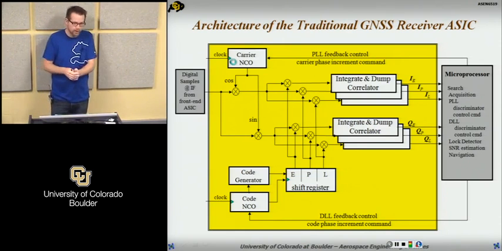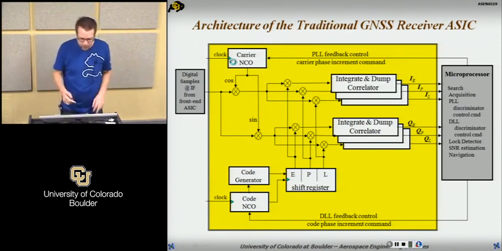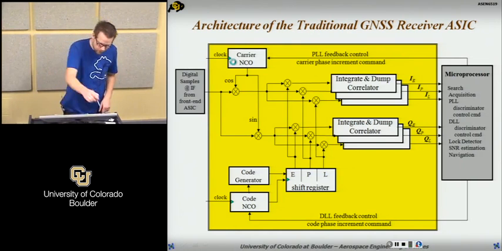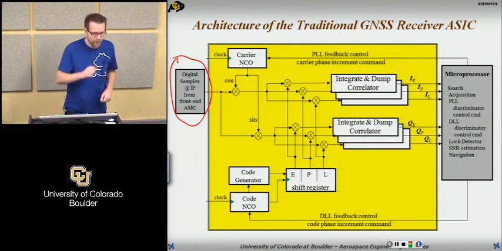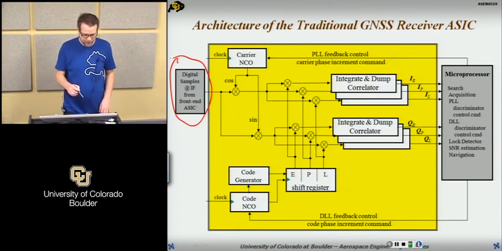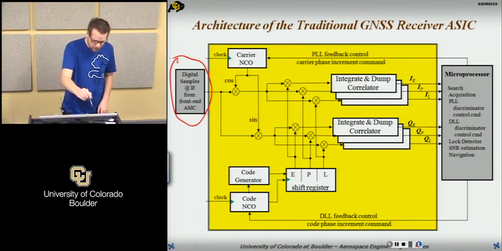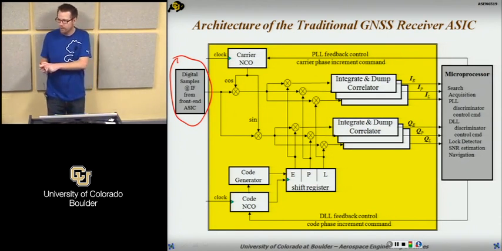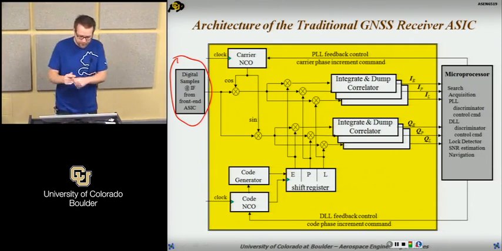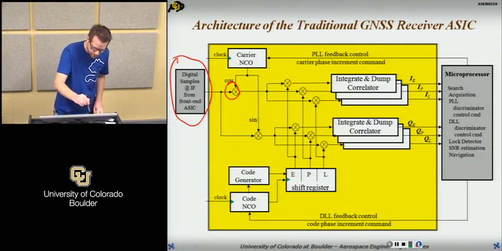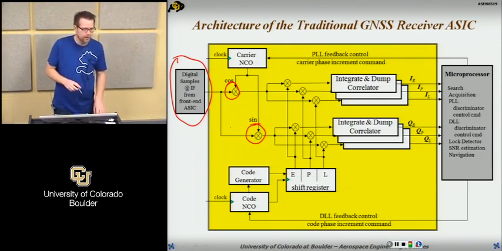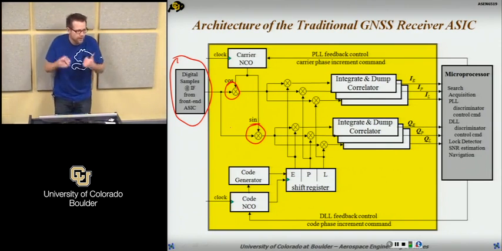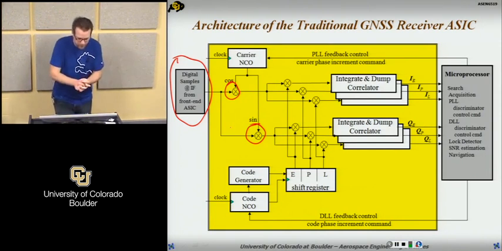I'm going to go through this in quite a bit of detail, so you see what's going on here. We get the samples from the front end. We all know that. I talked about having to mix it to baseband to remove the carrier on the signal, and that is done in those two mixers. We have a cosine and a sine, so it's basically the same sinusoid, but offset 90 degrees. I will explain why we need this later on.